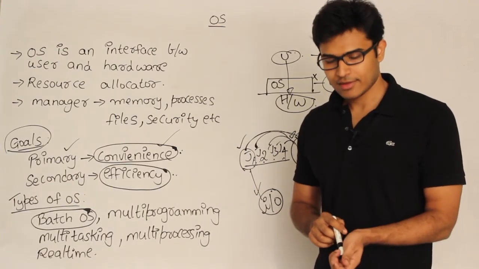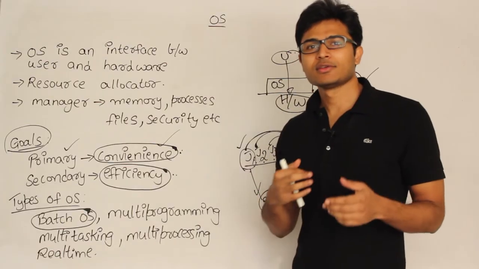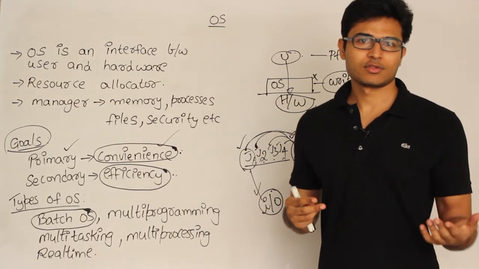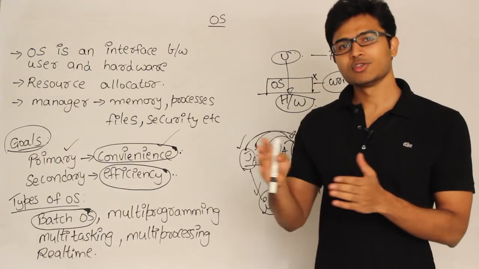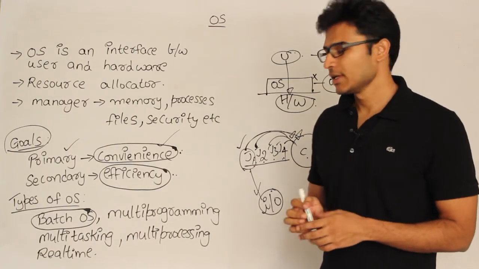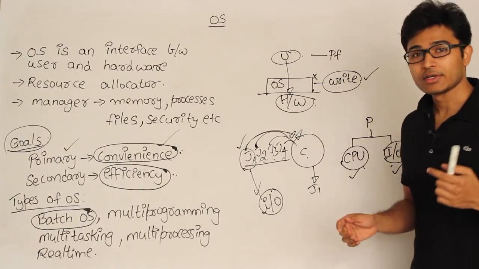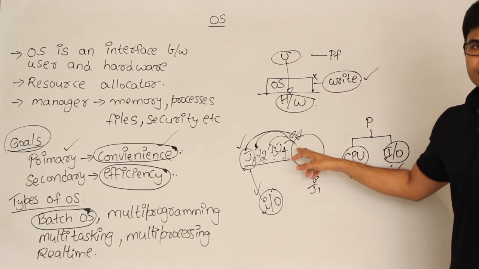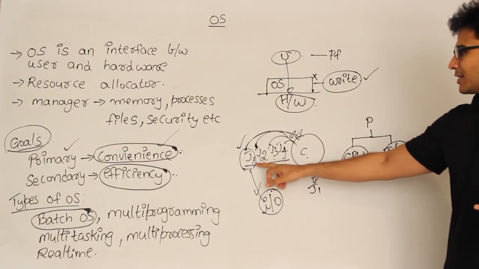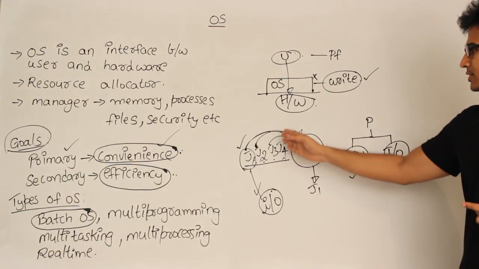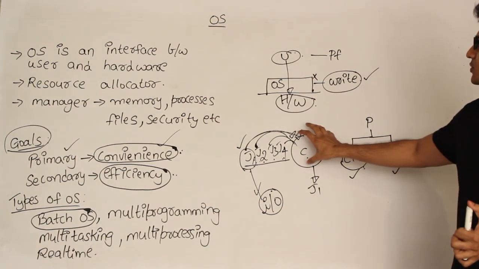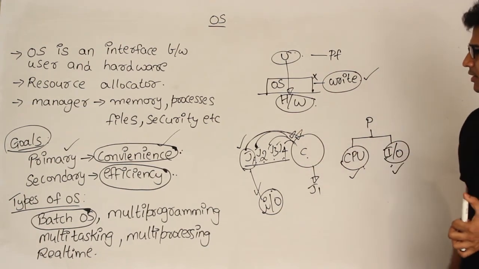For example, if you have programs which continuously ask for user input, like press 1 to do this, press 2 to do this, and you give it to batch processing, then if the job which you want to interact with happens to be, let us say, J10, then until all the earlier jobs are over, your J10 will never be processed, right? Therefore it is not really useful for interactive applications.